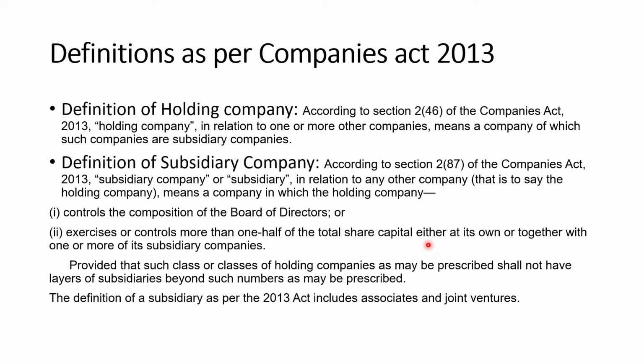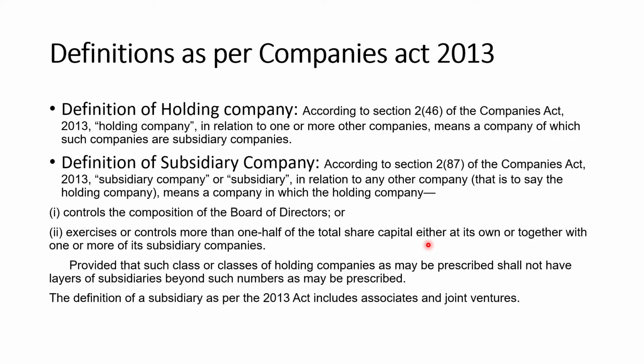A Limited can hold such majority shares together with other companies as well. Then also A will be called the holding company of B Limited. So this is the definition of subsidiary company as per the Companies Act.